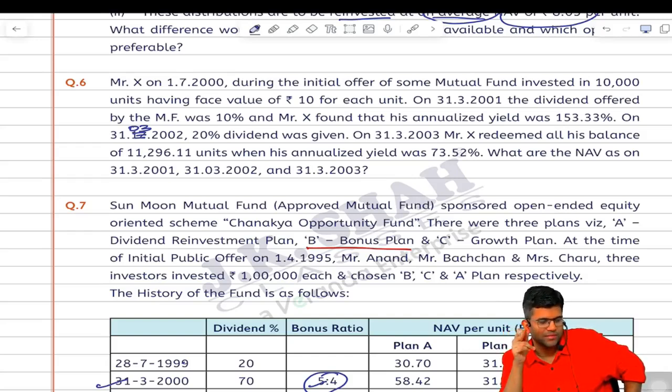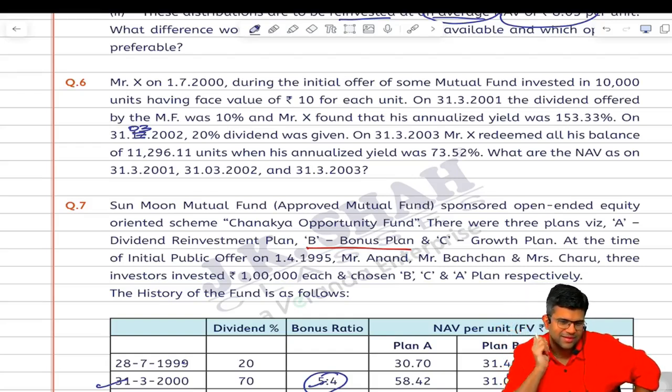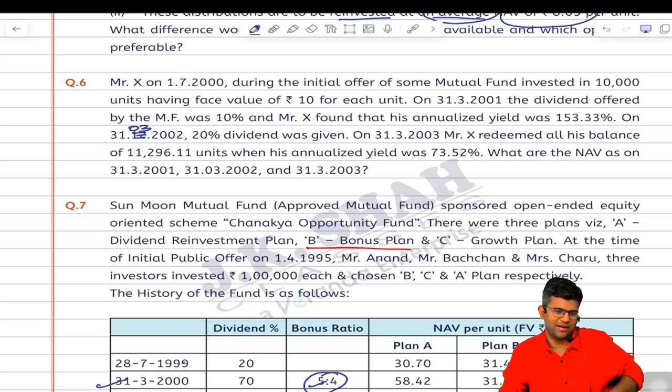I hope you realize both in D as well as DR, dividends will be announced. You have to only think whether it is D or DR. Yes, you are all correct. It is DR. How?